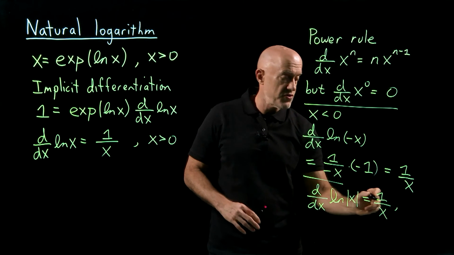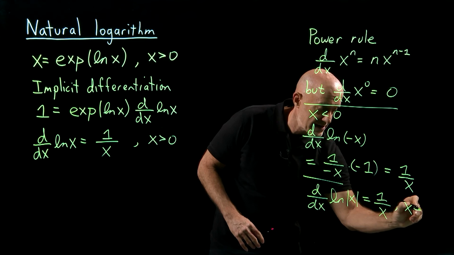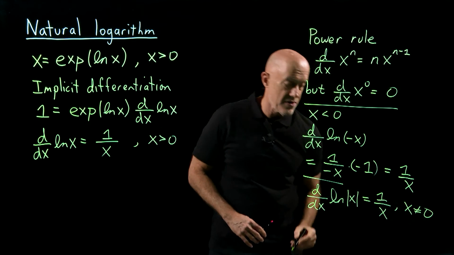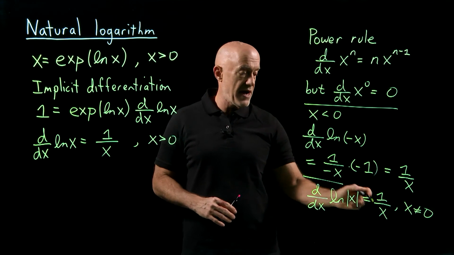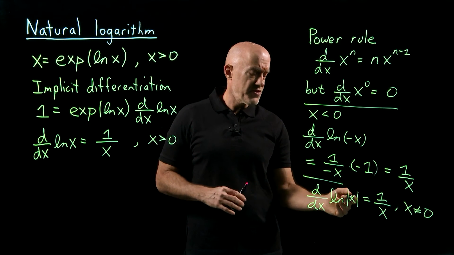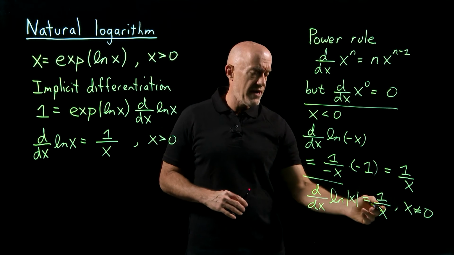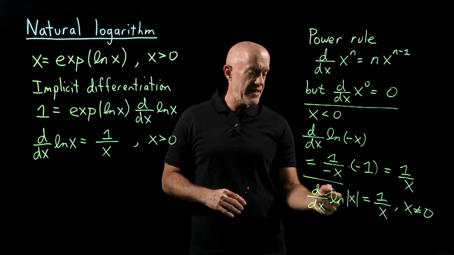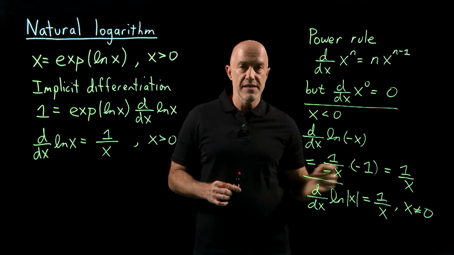And the only restriction here is that x cannot be equal to 0. So it can be both positive and negative. So if x was positive, the derivative would be positive. If x was negative, the derivative would be negative.